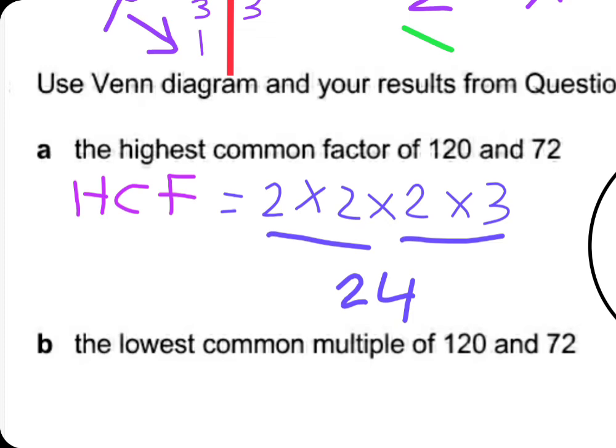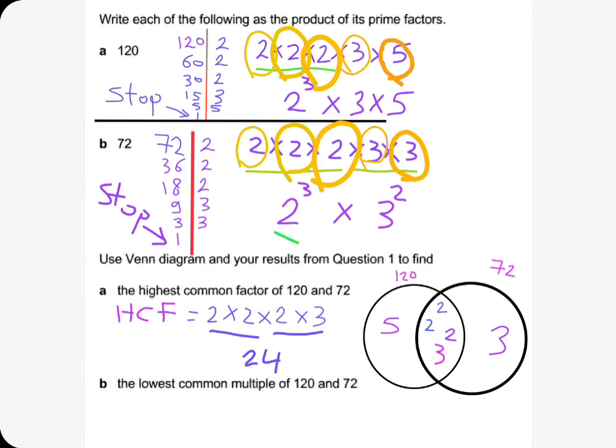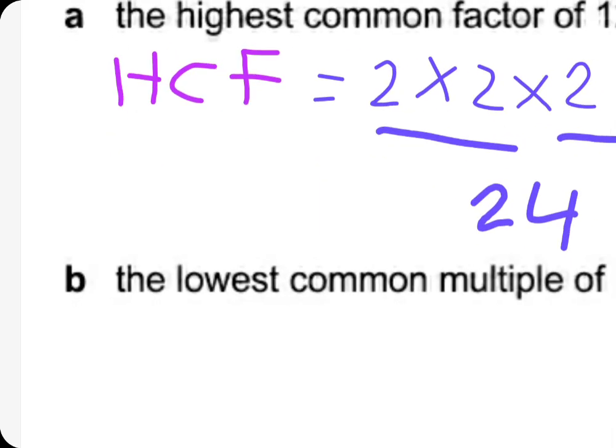Good job. Now, the LCM, you take all the numbers and multiply them by each other in Venn diagram. Now, let's do it together. We have 3 2s, 2 3s, and a 5. Let's do it here.